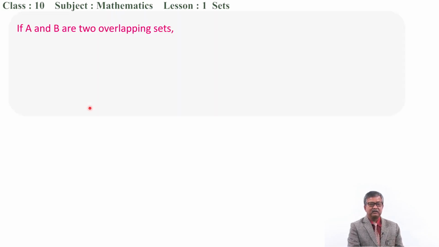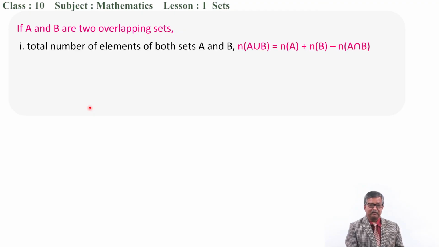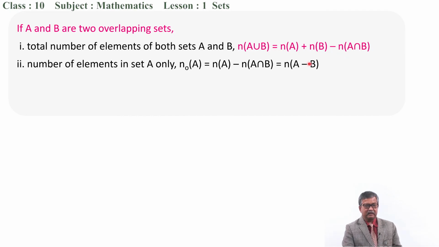From this example, we conclude that if A and B are two overlapping sets, then the total number of elements of both sets A and B, denoted by n(A union B), is equal to n(A) plus n(B) minus n(A intersection B). Second, the number of elements in set A only, n-naught A, is equal to n(A) minus n(A intersection B).